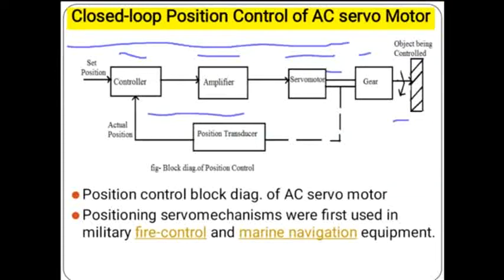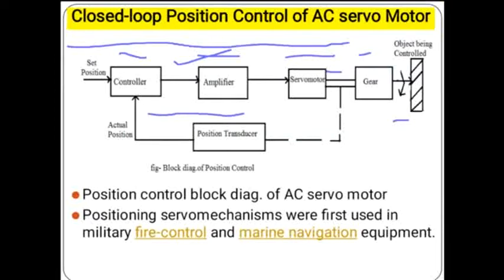The amplifier amplifies and applies the control voltage to the AC servo motor. Depending on the control signal, the AC servo motor will either continue to rotate in the same direction or start rotating in the opposite direction to reach the desired position.